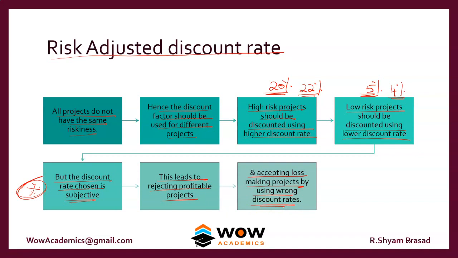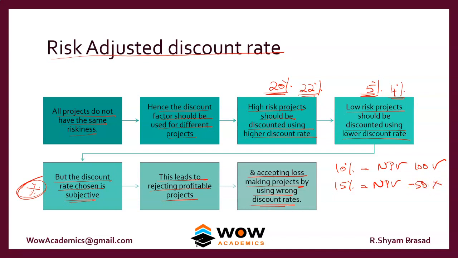Okay, if your discount rate is wrong, for example, the cost of capital of a company is 10%. At 10%, the NPV is 100, and we have chosen the project. But suddenly we feel the project is a little bit risky, so we take 15%, and what happens is the NPV goes to minus 50. Okay, now we will reject.